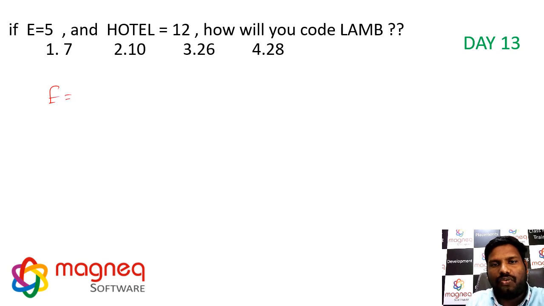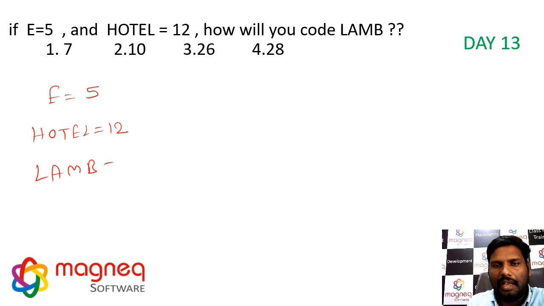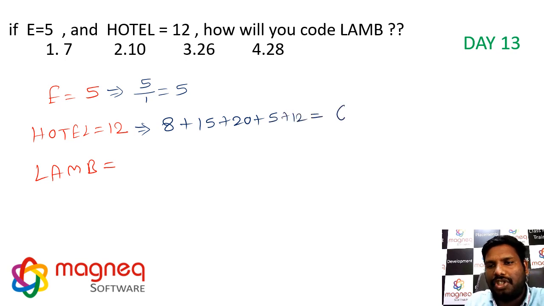E equal to 5, HOTEL equal to 12, then LAMB? E value 5 with only 1 letter, so 5 by 1 is 5. Next, HOTEL means 8 plus 15 plus 20 plus 5 plus 12. Total sum 60, and there are 5 letters. 60 by 5 means 12.